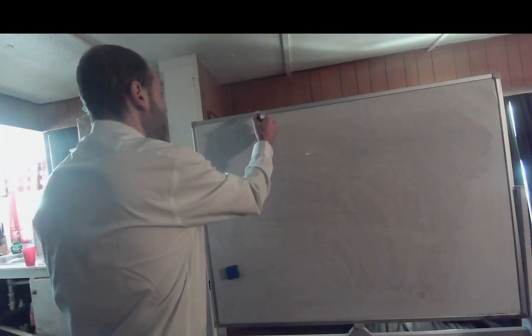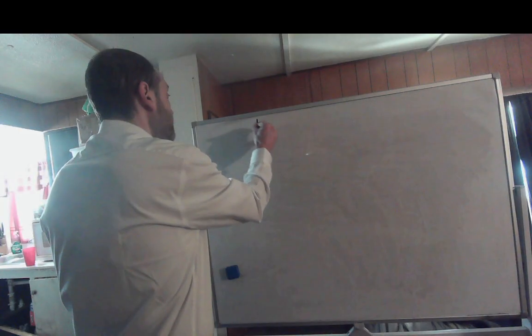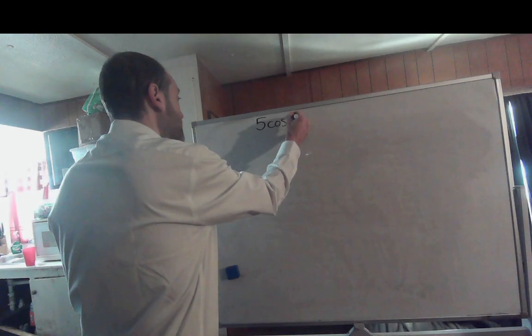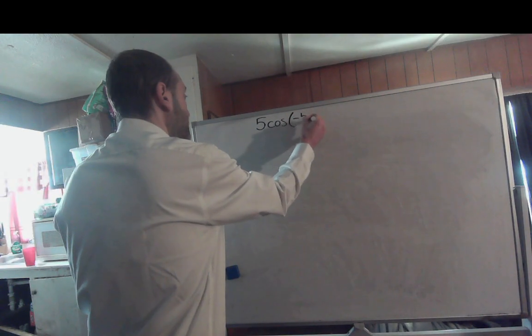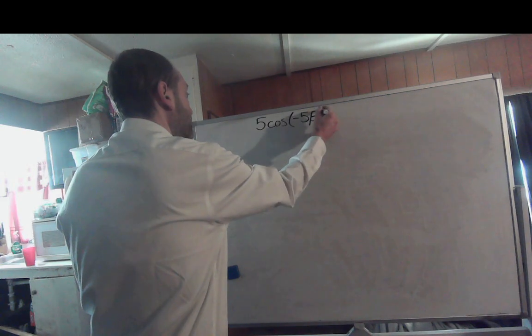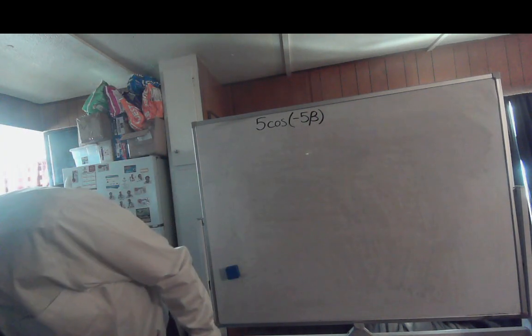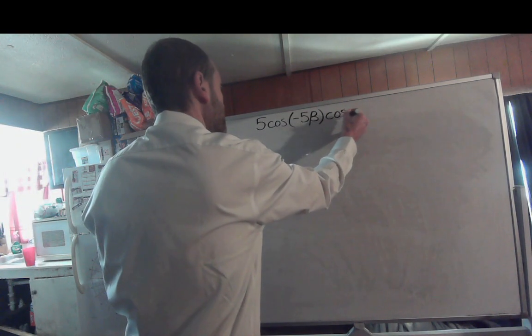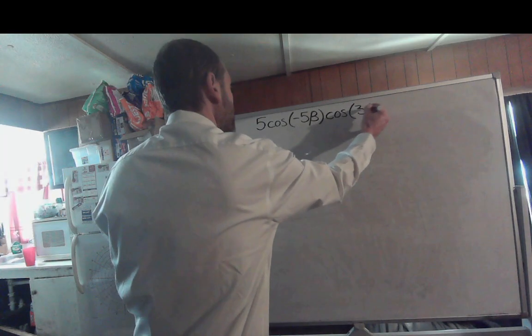Alright, so we have 5 times the cosine of -5 beta times the cosine of 3 beta.